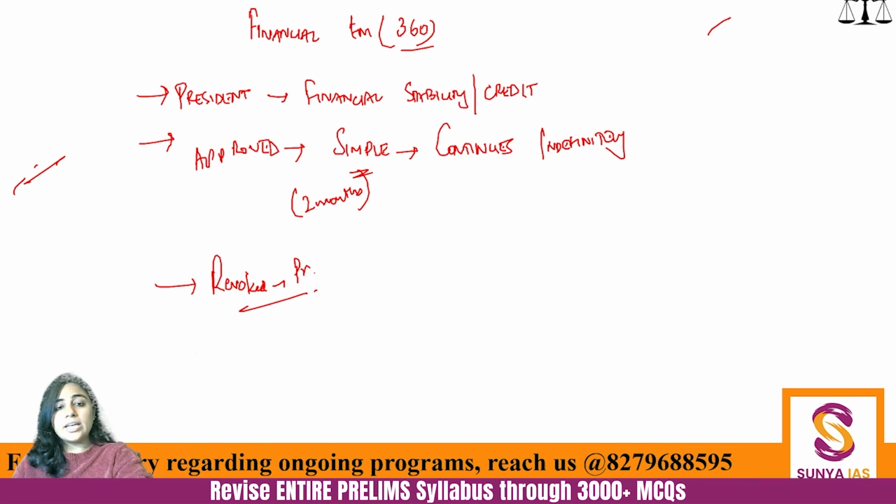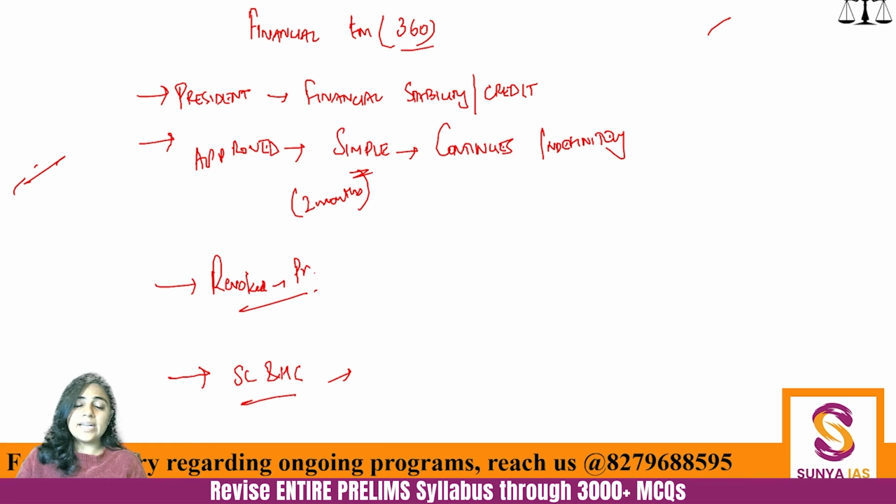Now, of course, when financial emergency is proclaimed, then the money has to be used very carefully, and that is exactly what happens. Even for the judges of Supreme Court and High Court, the executive authority of the center, that is the president, can declare that the salaries of the judges and judiciary can also be changed.